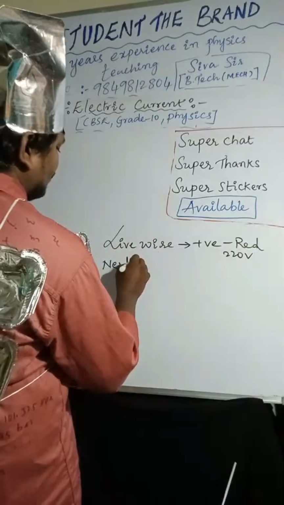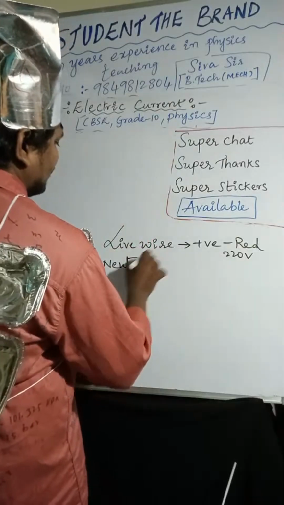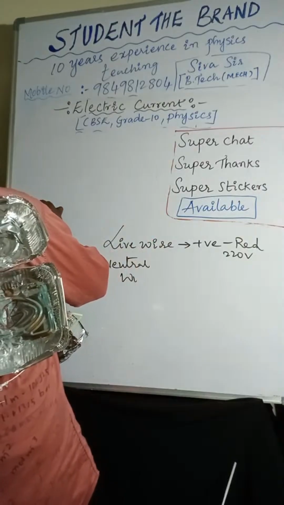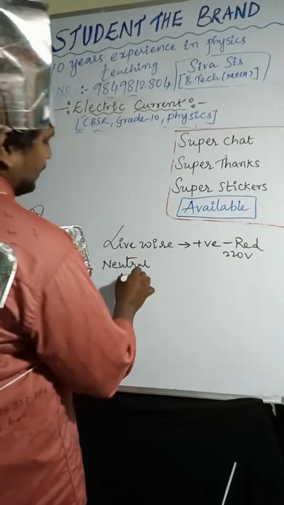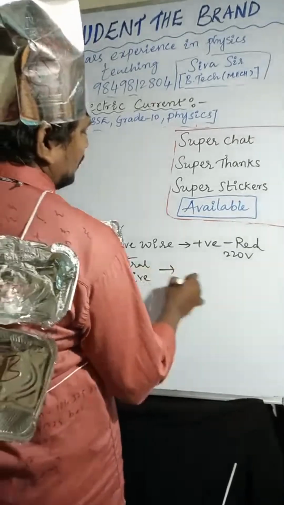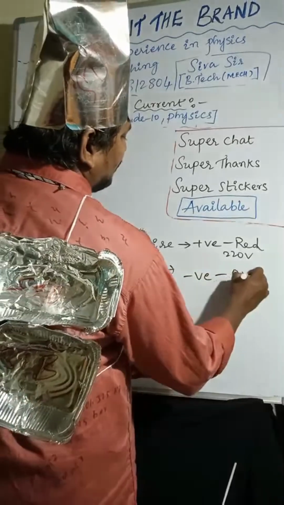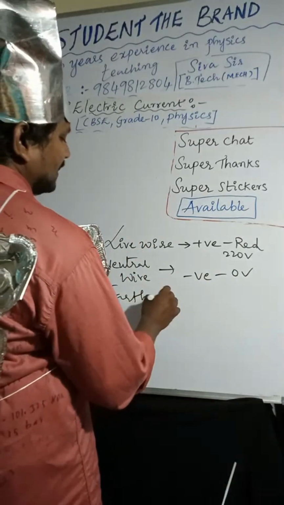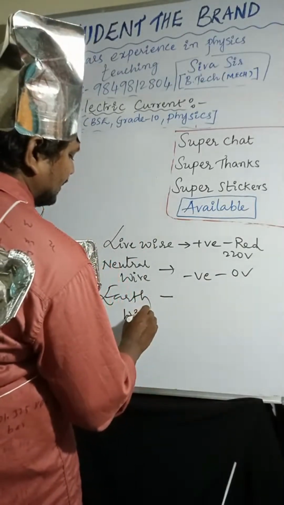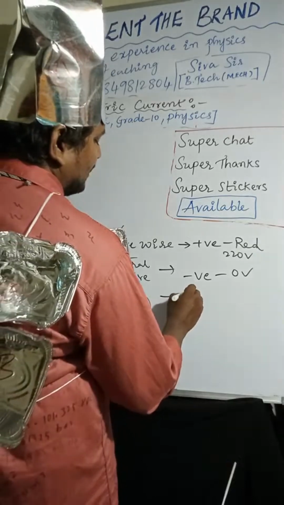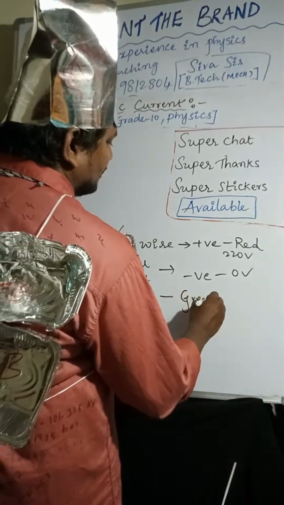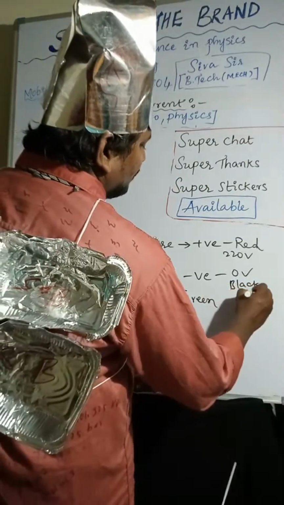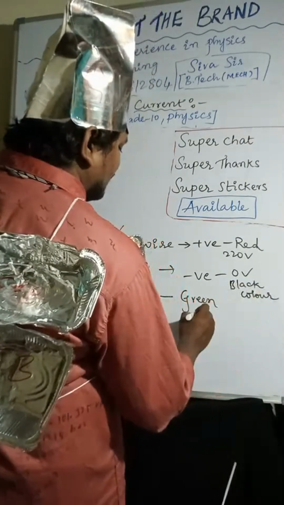Neutral wire is the negative terminal, so 0 volts, black color. The earth wire you can take as green color insulation.